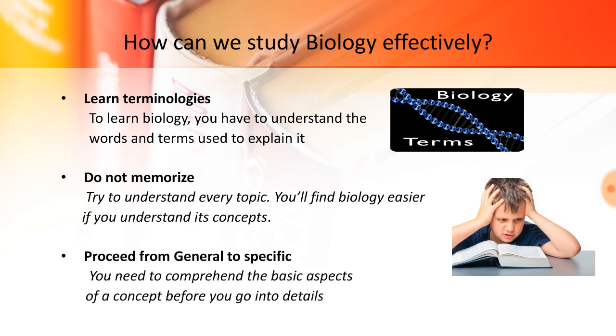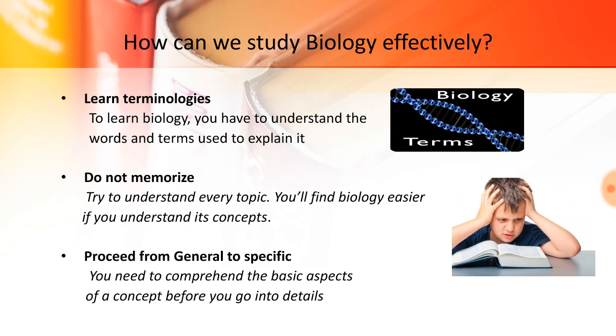So next is to proceed from general to specific. This is very important, not just in terms of biology but any subject. So consider the example of pollination again. If you do not know what pollination is and you jump to the types of pollination, you start reading the types of pollination, orthogamy, xenogamy, you won't be able to understand it.